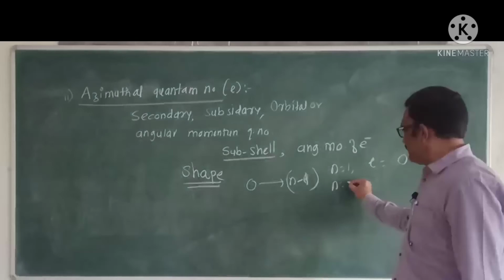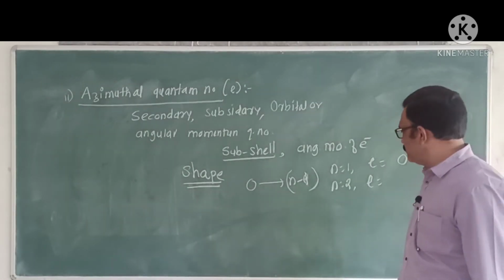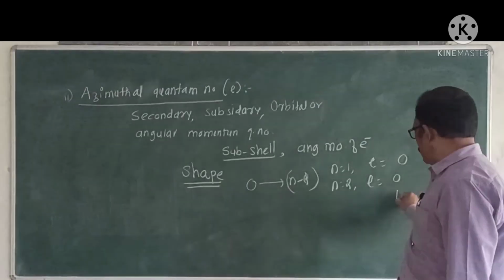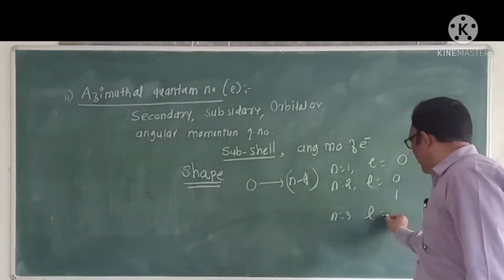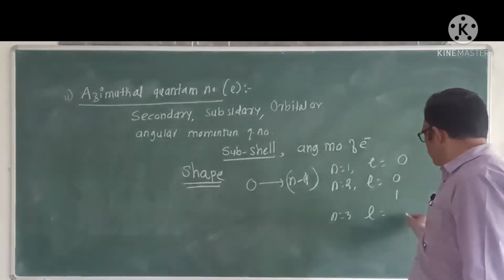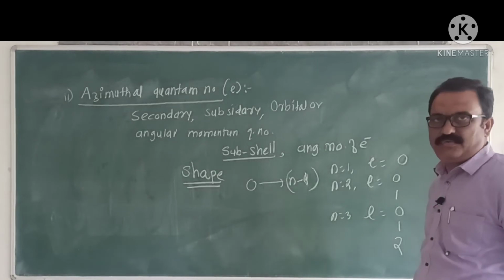When n is equal to 2, l has two values, 0 and 1. When n is equal to 3, l has three values: 0, 1 and 2.